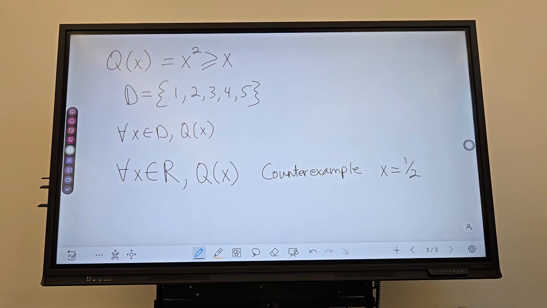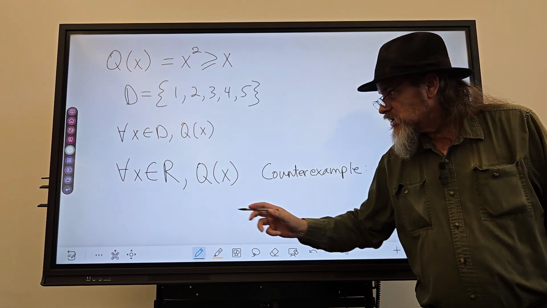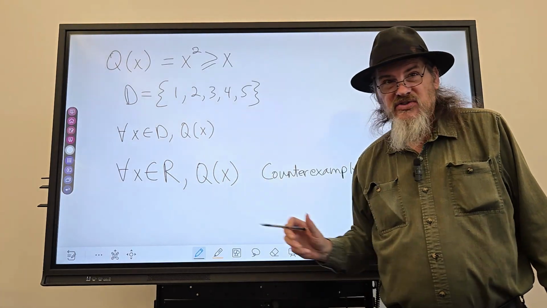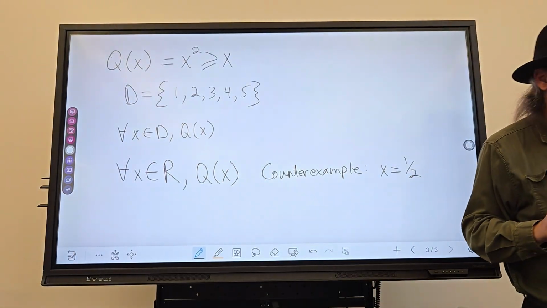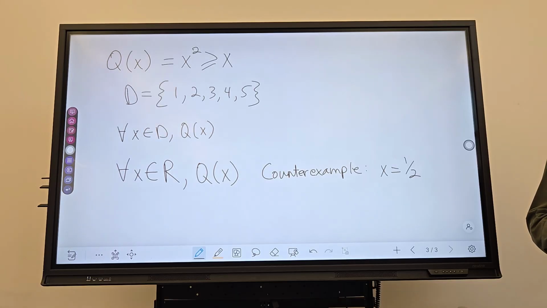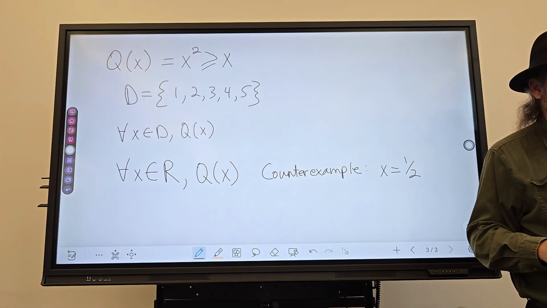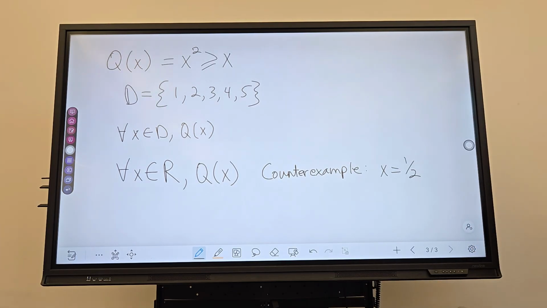So now if the domain were Z, all integers, then it would be true. Because 0 squared is 0, 1 squared is 1, minus 1 squared is 1, which is greater than x.